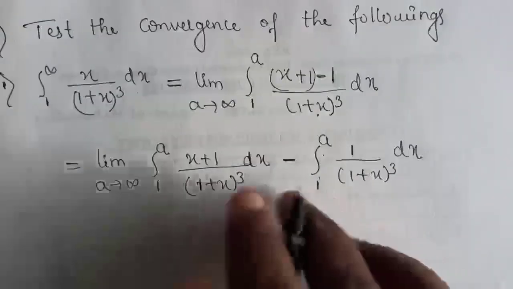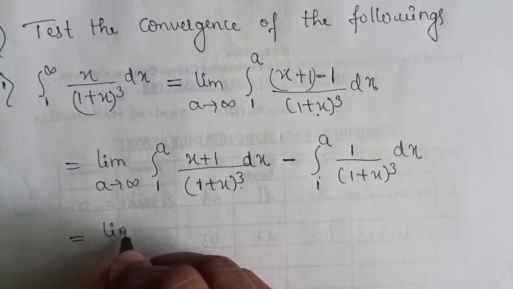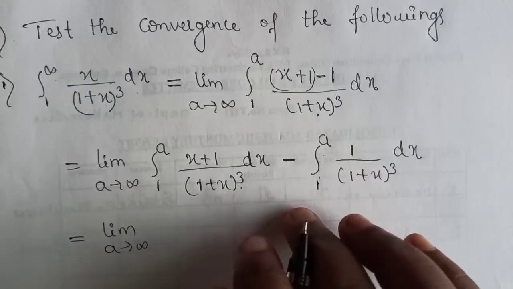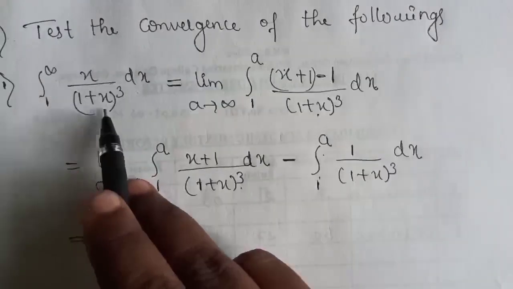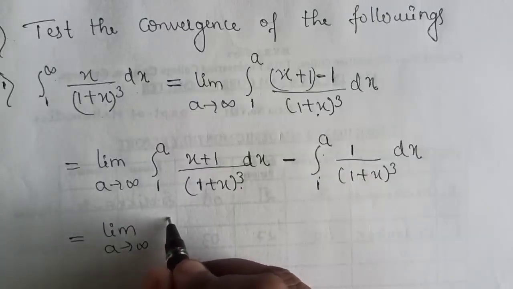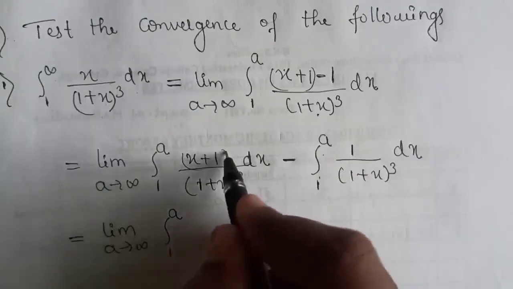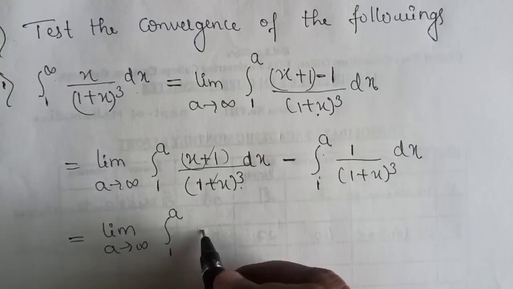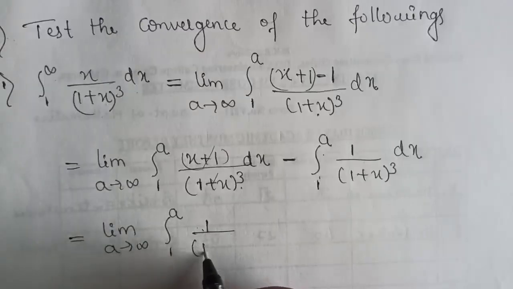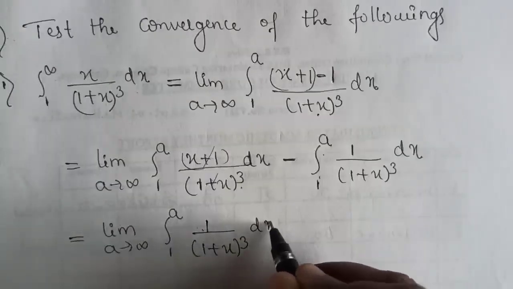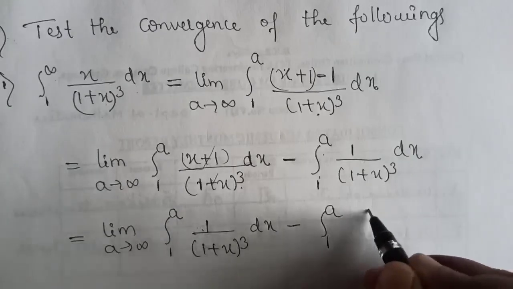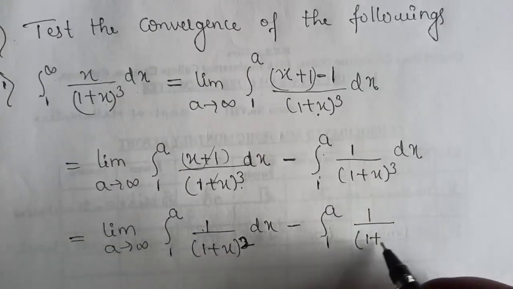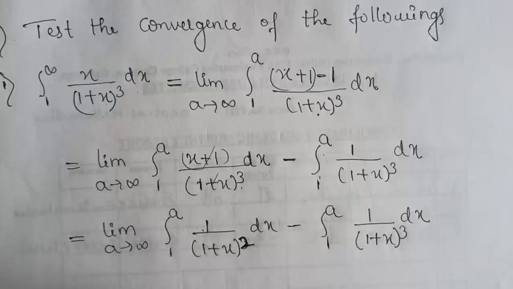Now we can integrate easily. This is only done to make the integration simple, because we cannot integrate directly. Now, from 1 to a, one term of x plus 1 gets canceled, and we get only two terms in the denominator: 1 divided by (1 plus x) whole square dx minus integration 1 to a of 1 divided by (1 plus x) whole cube dx.